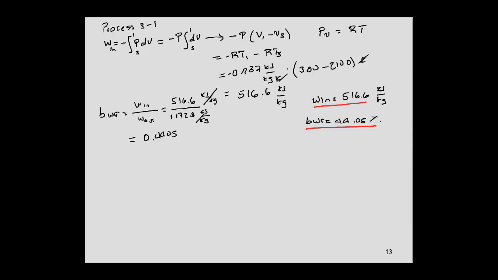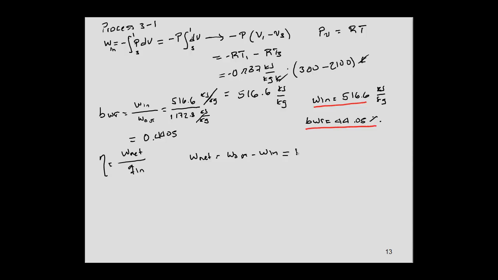Finally, we need to compute efficiency, and we know that efficiency is net work divided by Q in. Net work is very straightforward, since it's work out minus work in. Remember that we need to invest 44% of the work output into the work input, so we can have this cycle running.